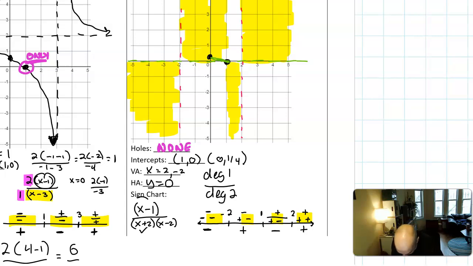So all that together gives us very few options. The graph pretty much has to look like this. We have to curve between the asymptotes here. We have to come from this asymptote, over here, cross our 2 points, and go down. That looks a little vertical, but we're just sketching, so it's okay.